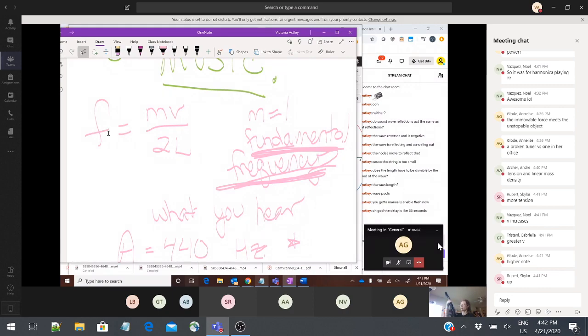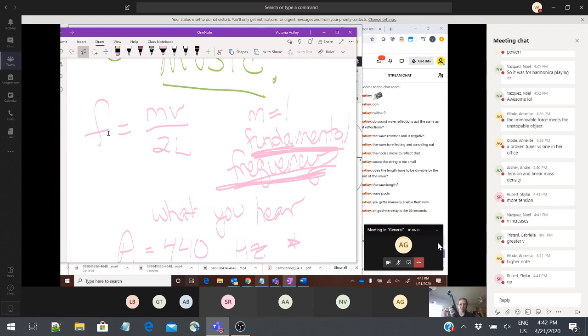So this is my A. If I turn the peg, which peg is it? This one. Higher. Right?